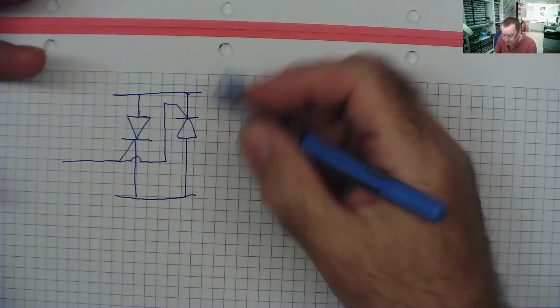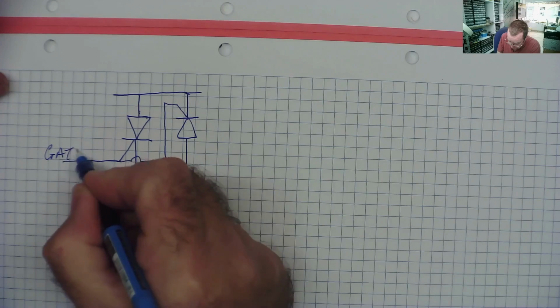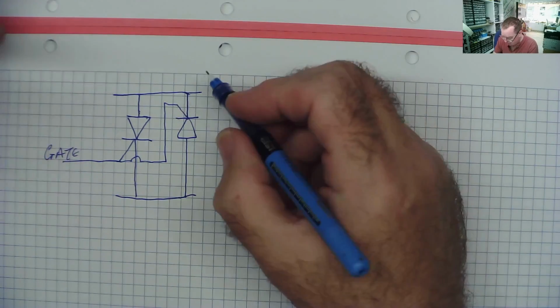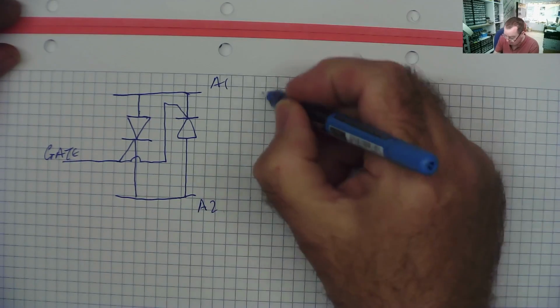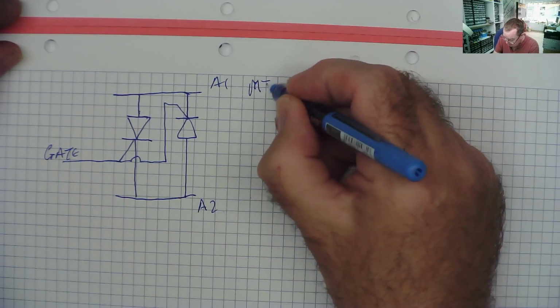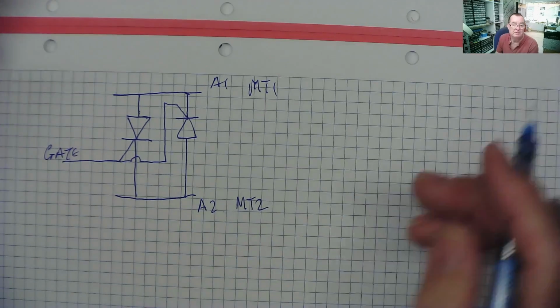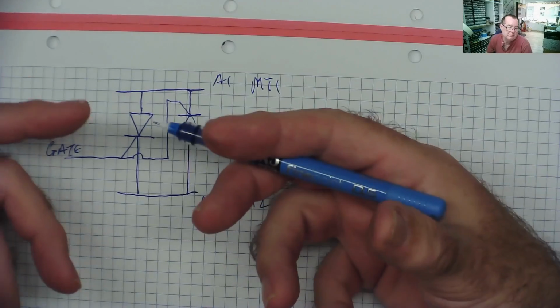So there are 3 terminals on our Triac. This is still called gate or G. These are usually either called A1 and A2, anode 1 and anode 2, or sometimes MT1, MT2, main terminal 1, main terminal 2. And all a Triac is 2 of these together.